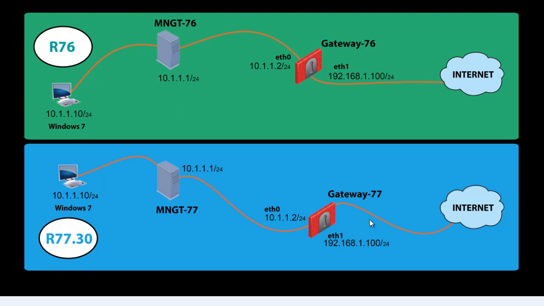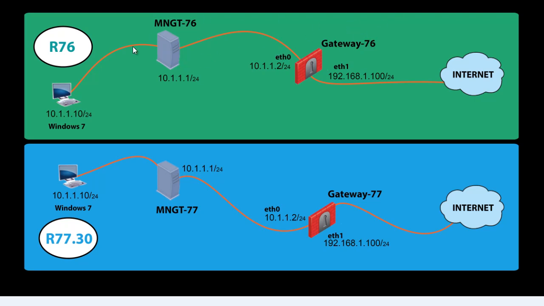Let's say we didn't have the blue topology. We could have exported our configuration from this management server, saved it to our desktop, then come in here and upgrade this management server from R76 to R77.30, and then bring our configuration back into the new management server.